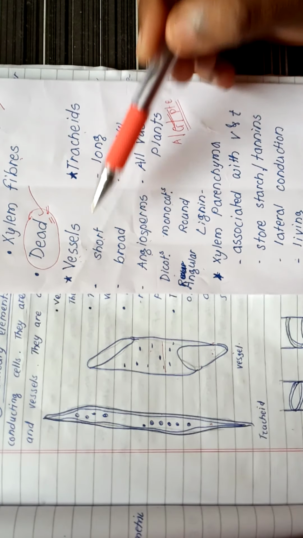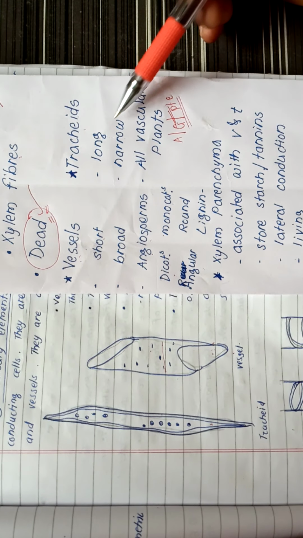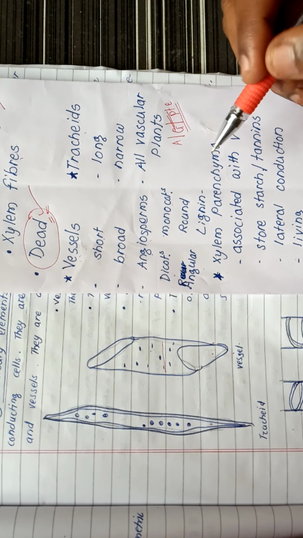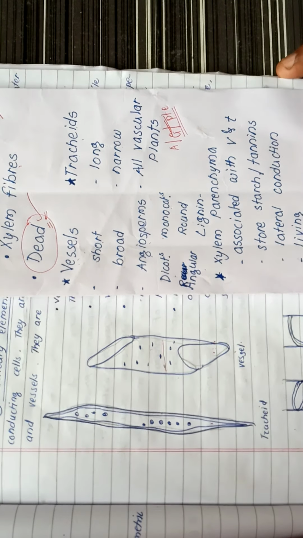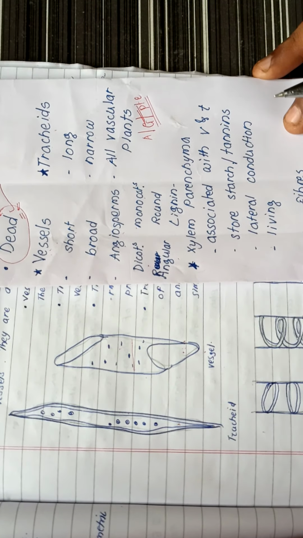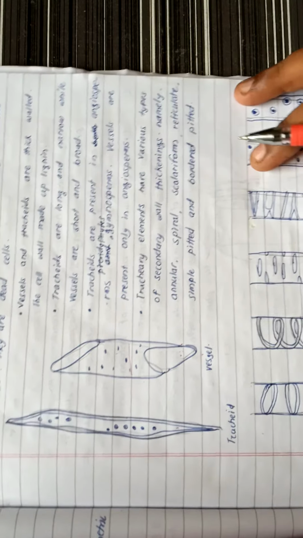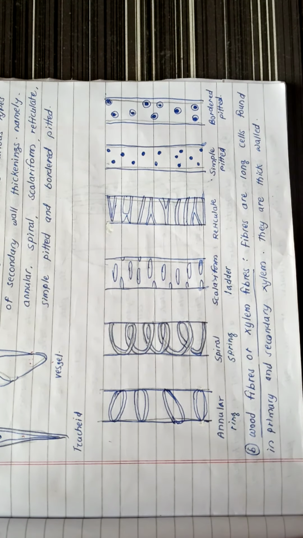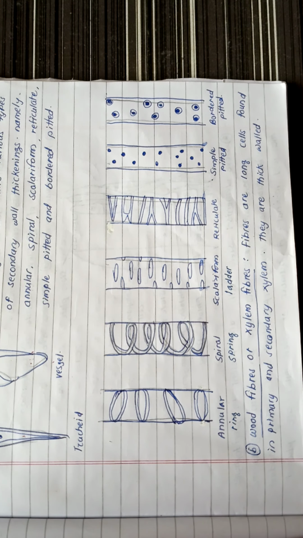Both vessels and tracheids are thick walled, and there is deposition of a chemical known as lignin. Because of that, they become thick, and the thickening shows various patterns in both tracheids and vessels.